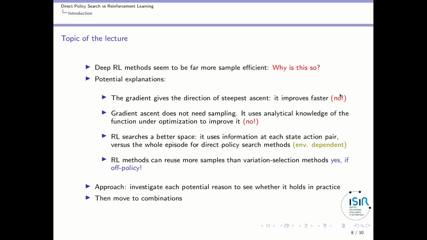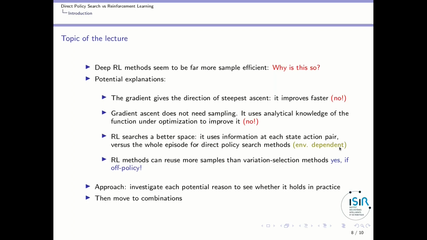It might be the case that gradient ascent does not need sampling because it uses some analytical knowledge of the function under optimization to improve it, and we will see that this is not the correct explanation either. It might be the case that reinforcement learning searches in a better space because it uses information at each state action pair, whereas direct policy search methods use only some information about the whole episode without considering single states and actions. And this point might be true, but that depends on the environment.